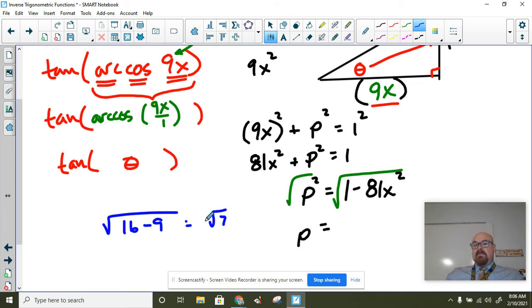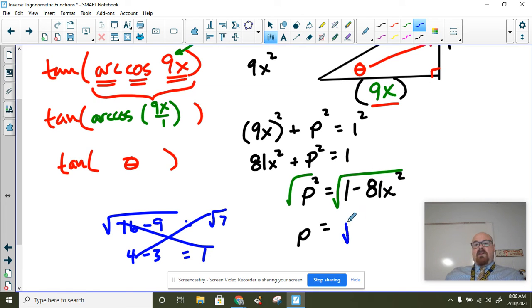Because 16 minus 9 is 7. It's not this. It's not 4 minus 3. I don't get to take the square root of 16 and 9 separately and then subtract them and say that it's equal to 1. The math doesn't support it, right? This is the correct answer. This is not. So we don't get to do that when there's variables involved.